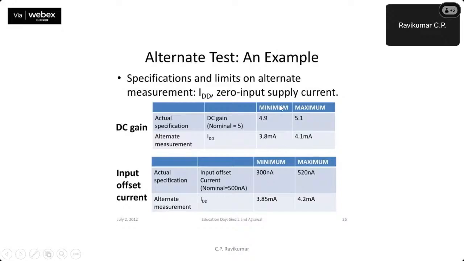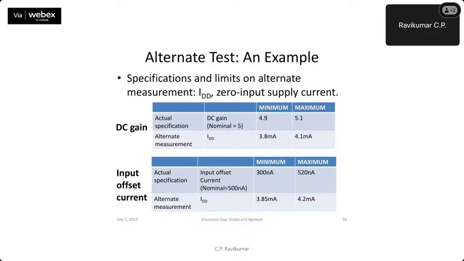So when the gain is 4.9, the supply current is 3.8, and when the gain is 5.1, the supply current is 4.1. This is something that you have to establish through a lot of experiments.